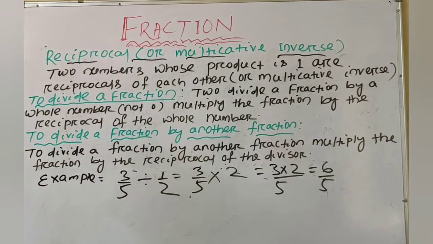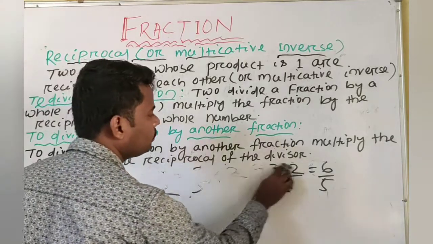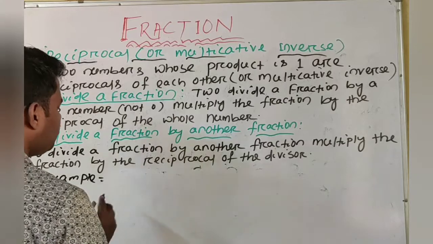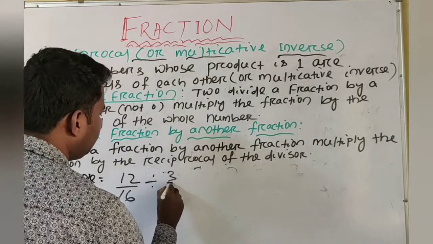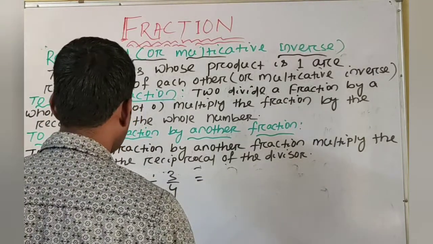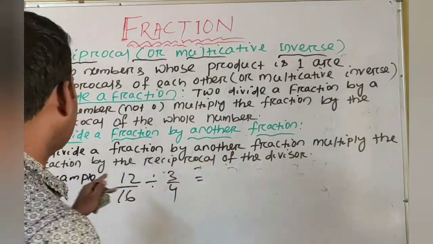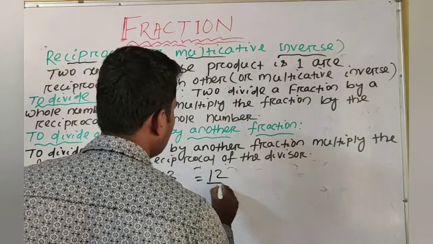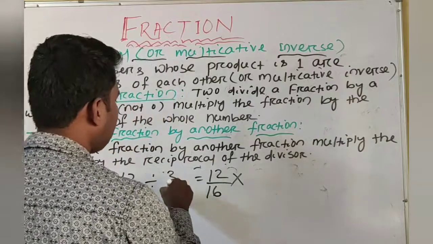Next we will take another example. 12 by 16 divided by 3 by 4. How will we do it? To divide a fraction by another fraction, multiply the fraction by the reciprocal of the divisor. That means we will write 12 by 16, then multiply by its reciprocal.